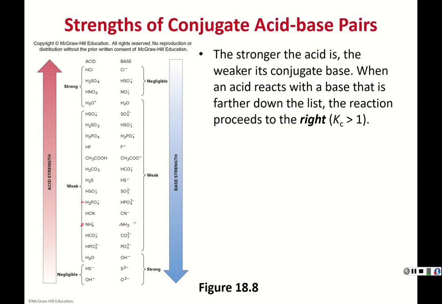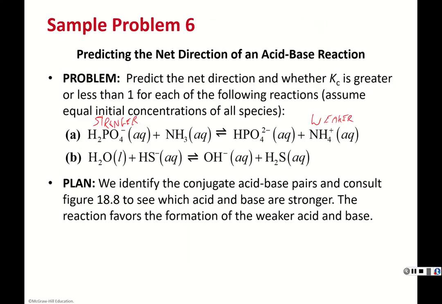NH3 is a stronger base than HPO4 2 minus because base strength is increasing going down. So again, this is stronger and weaker. So the reaction will proceed towards the right. In this case, the equilibrium constant is going to be greater than 1.